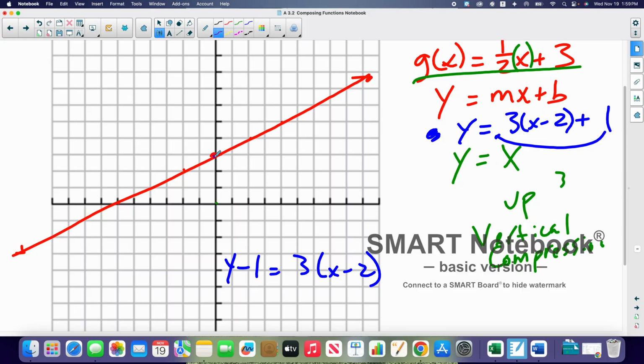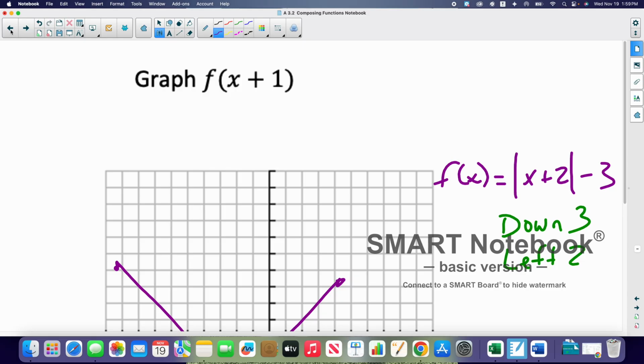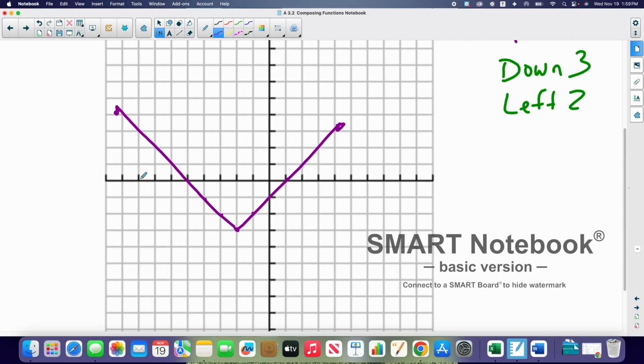I'm going to take that 3 to the f equation. So the f graph was here, and where x is 3, my y value is 2. So f of g of 0 should be 2.